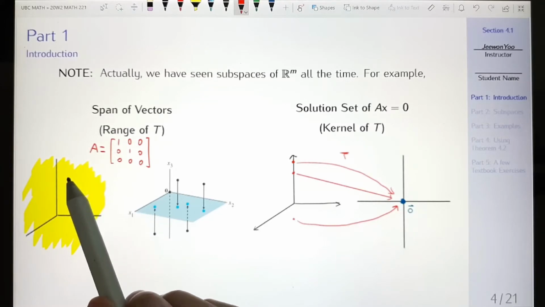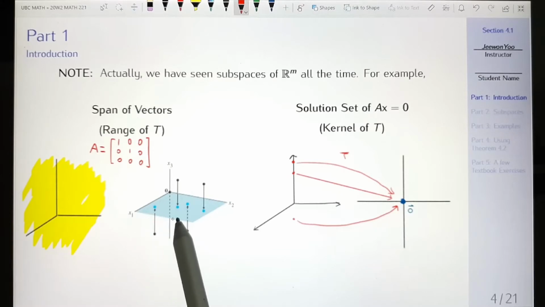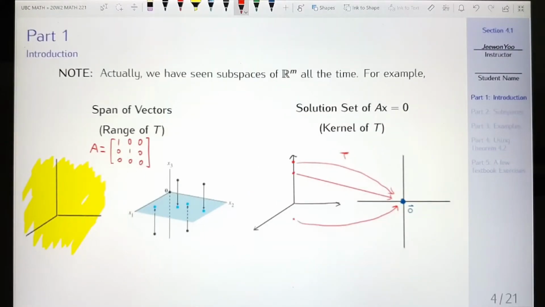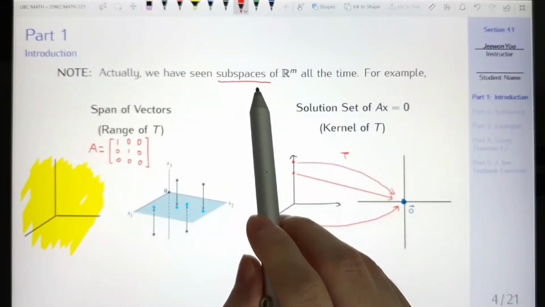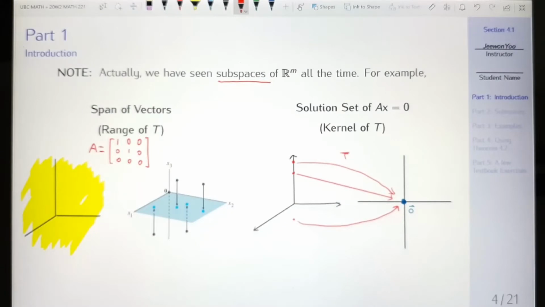Then surely all vectors in the domain were mapped to a plane in R3. Everyone, all vectors in this range of T is also an example of a subspace. So please don't be scared by the word subspaces. You know everything you need.